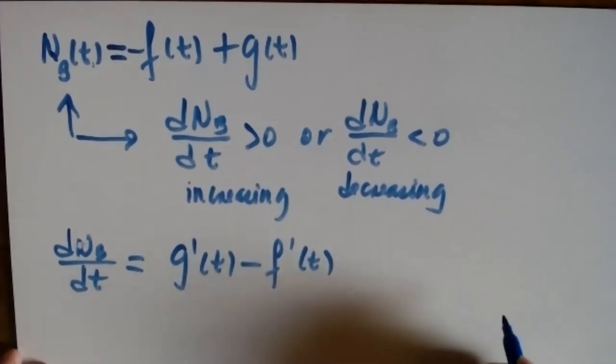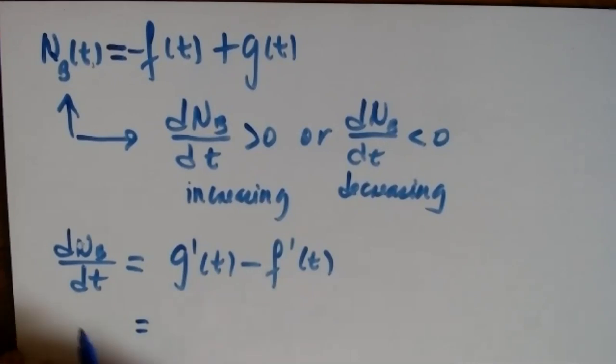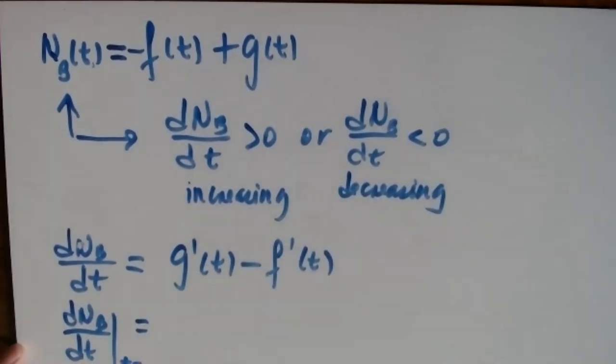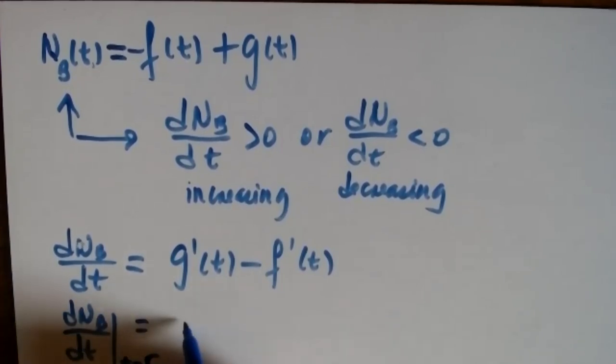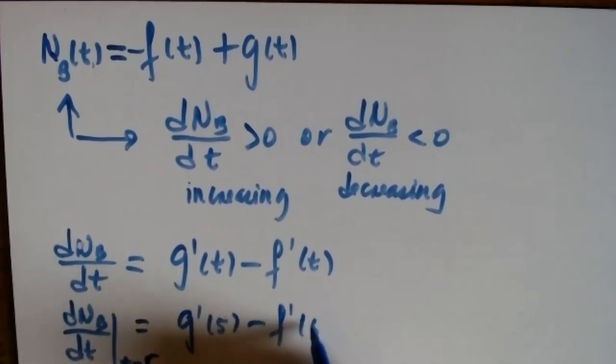Now, I need dN_B/dt at t equals 5, correct? So I need G prime of 5 minus F prime of 5.